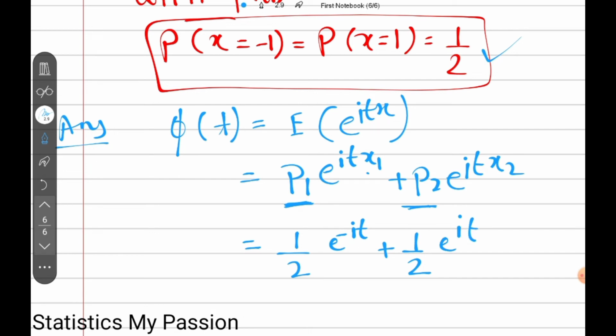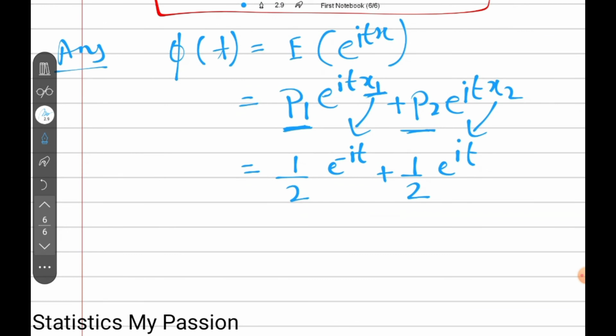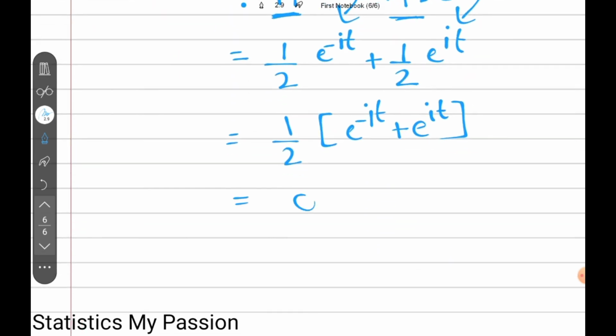Here x1 is minus 1 and x2 is plus 1, so we put minus 1 in the first term and plus 1 in the second. Now taking the common 1 by 2, e to the power minus it plus e to the power it gives cos t, since this is the formula of cos t.